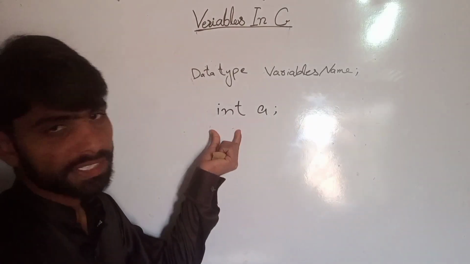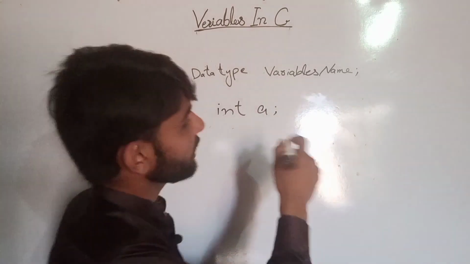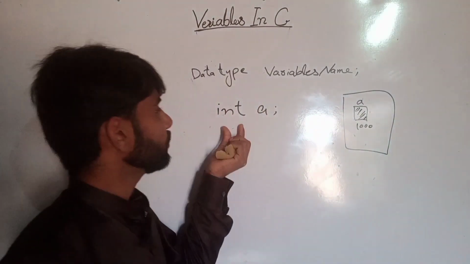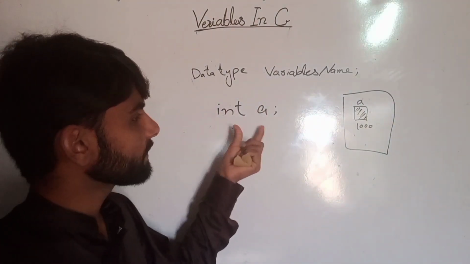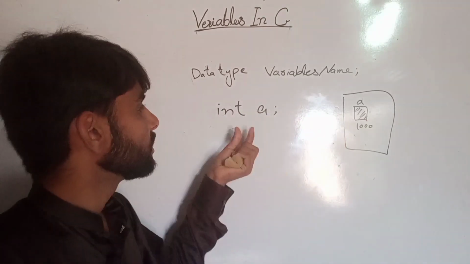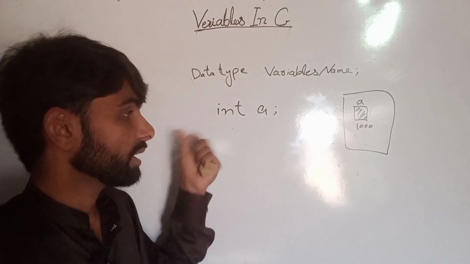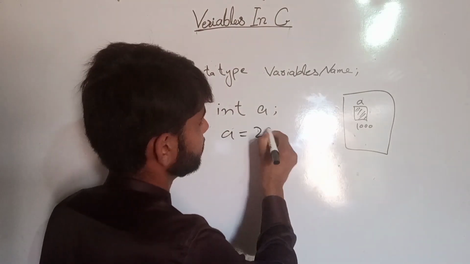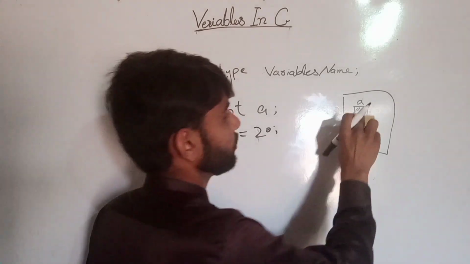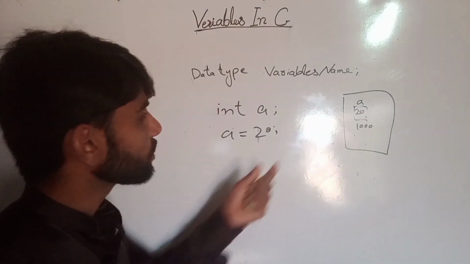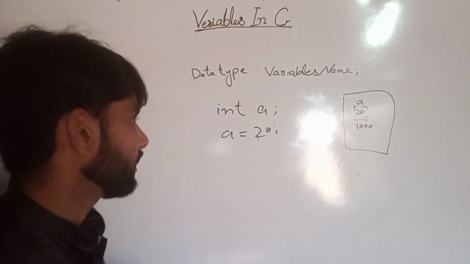So this is the initialization of the variable, right? When we initialize the variable, a location in memory is occupied to store data of that data type. So if we write 20 here, then 20 would be stored into memory, right? So 20 will be assigned to a.